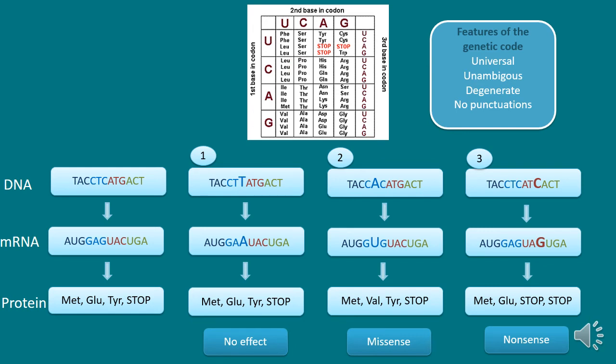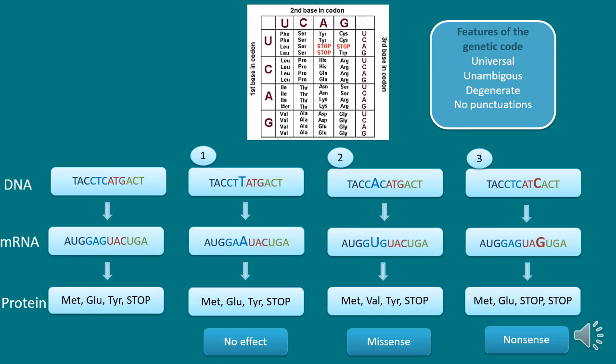Because of that, even though the codon is changed, the amino acid that is inserted has not changed. Therefore, there is no change in the protein. So this is an example for a mutation which will not give rise to any abnormality in the resulting protein.